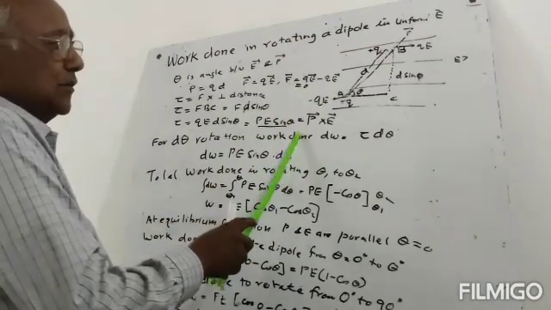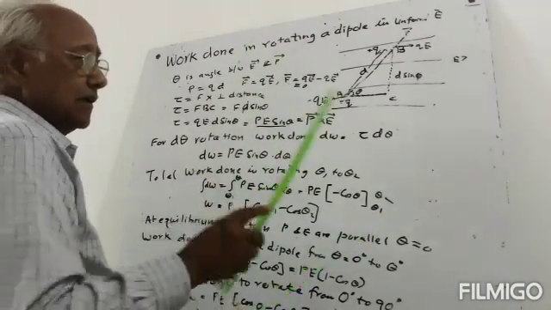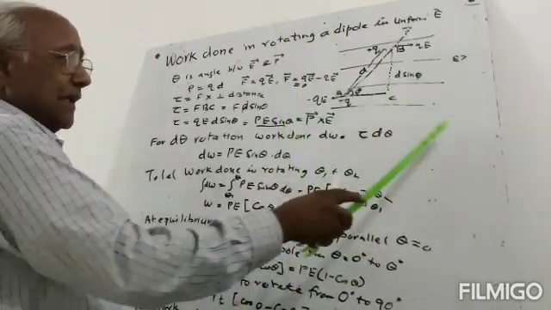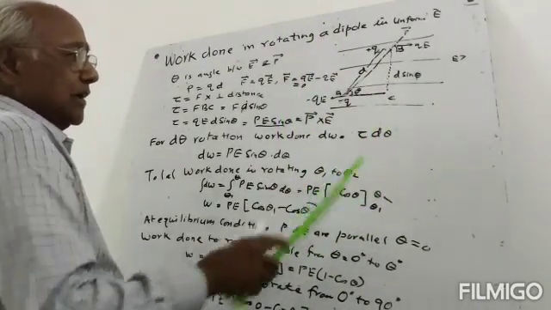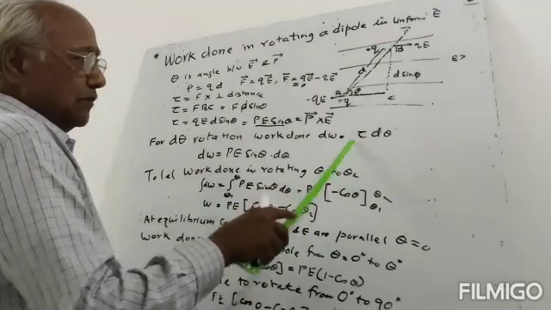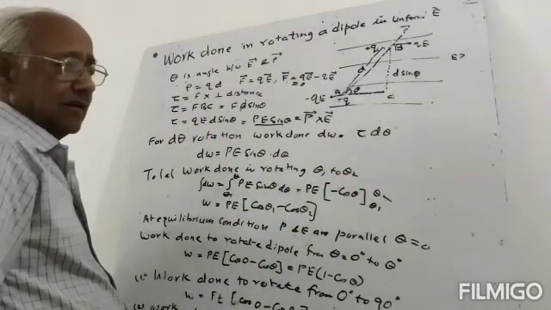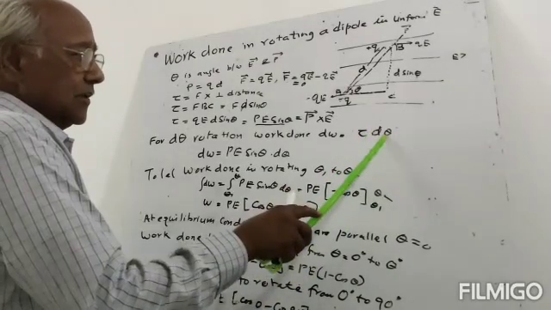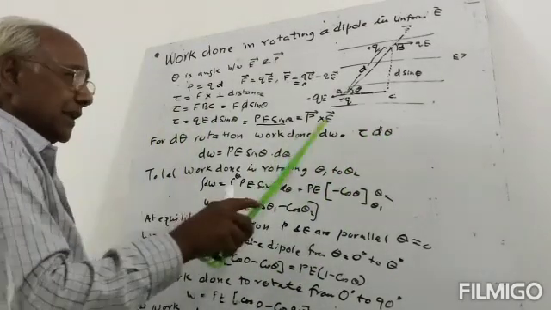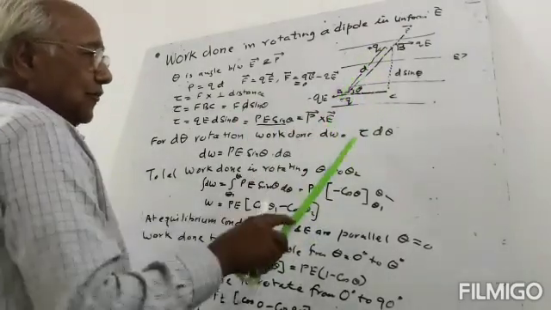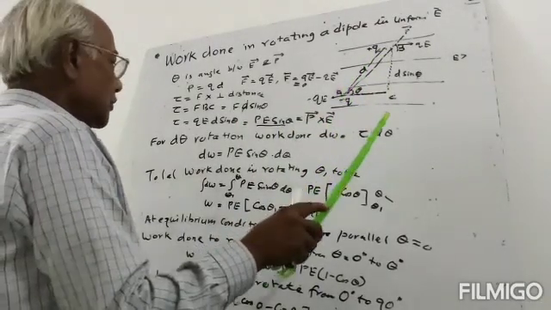In the case of translational motion, we have dr, that is displacement, and here there will be angular displacement. Instead of force, we will use the torque, and instead of distance, we will have theta. So the work done to rotate this dipole will be equal to torque into d theta.